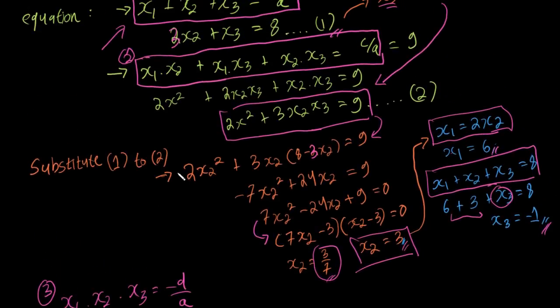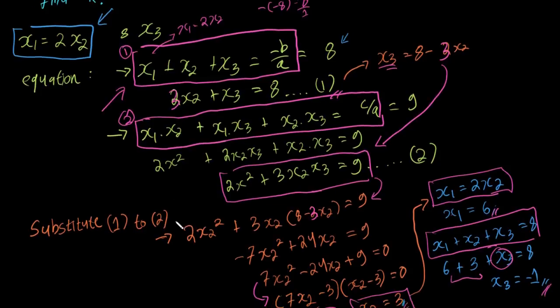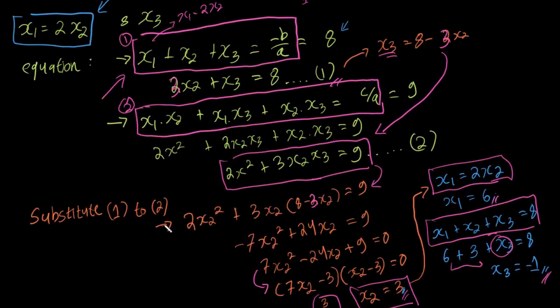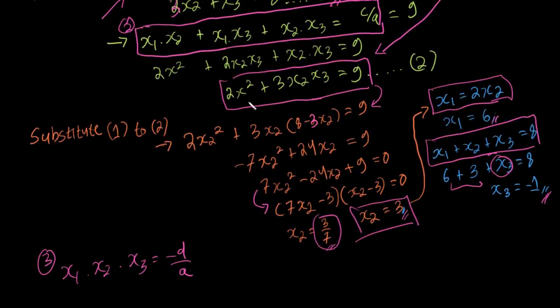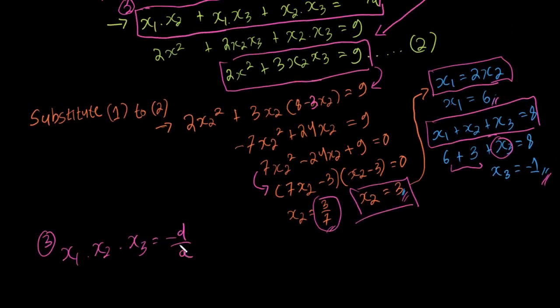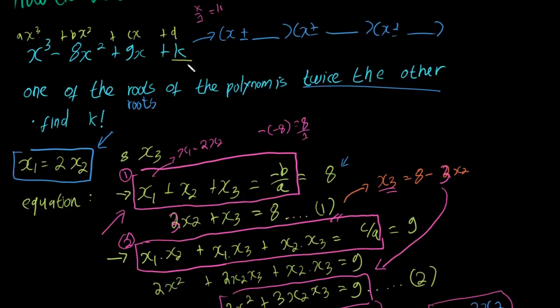I hope you can see the pattern here, because I don't know how to explain it. It's just pure memorization, I think. The first one is B, then C, then minus D, so it's minus, plus, minus, and it's always divided by A. And then minus D per A is K divided by 1, which is essentially K.